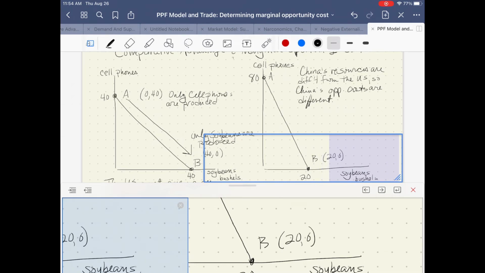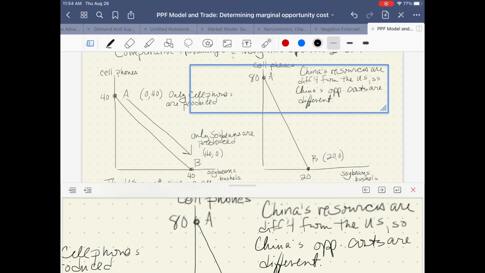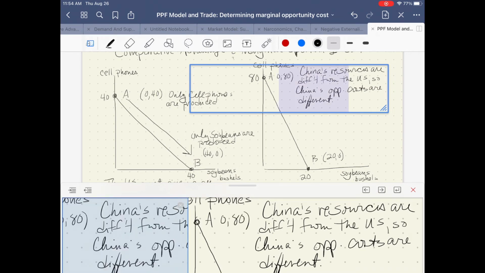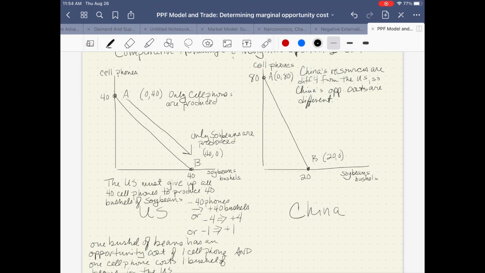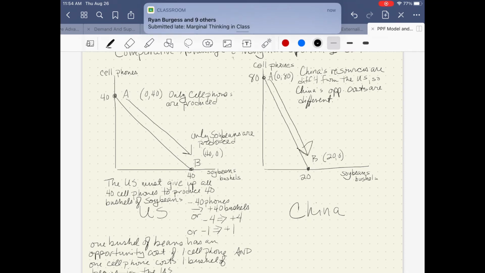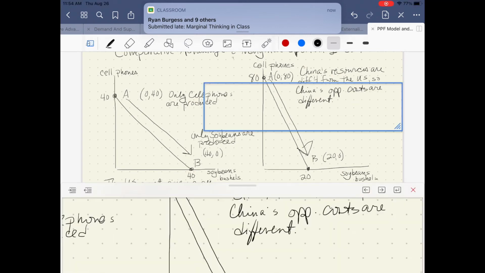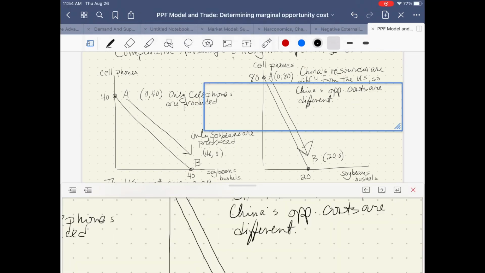So China gives up way more cell phones for fewer soybeans compared to the U.S. Comparative advantage is comparing the different opportunity costs for the production of the same product. So the opportunity cost of producing soybeans in the U.S. compared to the opportunity cost of producing soybeans in China. So giving up 80 cell phones will yield China the ability to produce 20 bushels of soybeans.